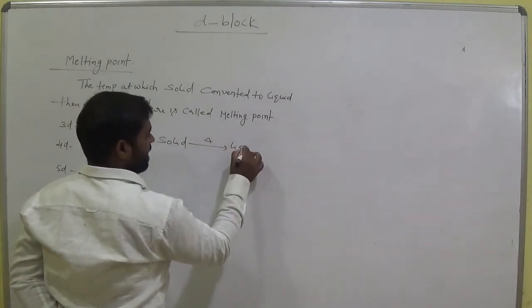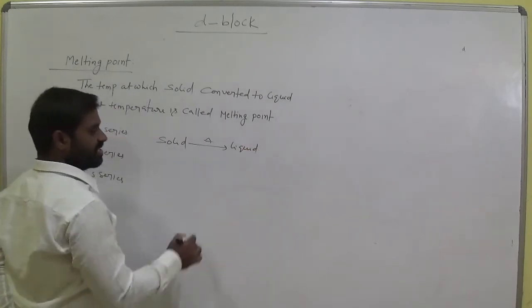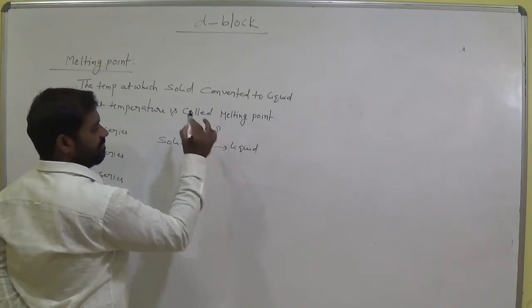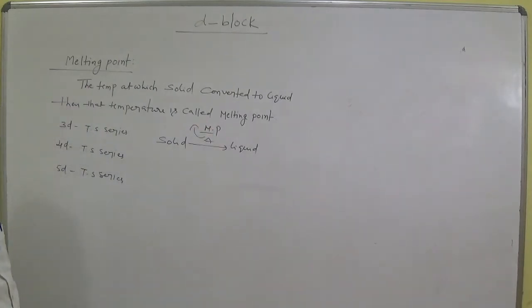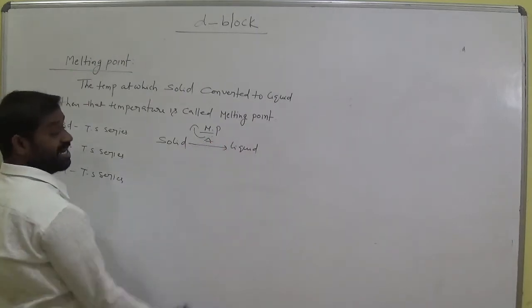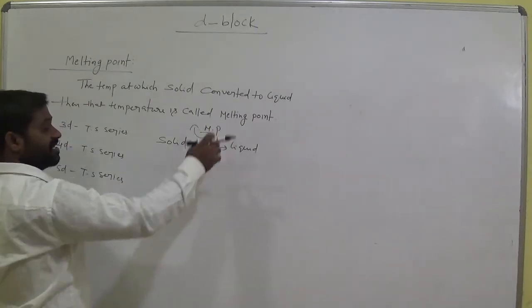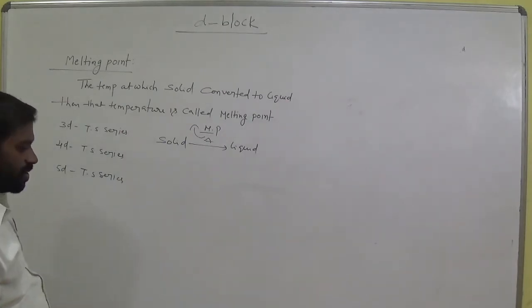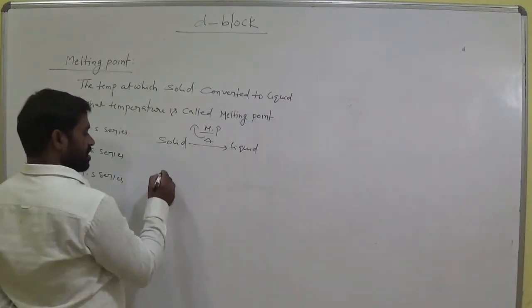It is converted to liquid. This temperature is called melting point. Clear? Solid, by heating, is converted to liquid, and the temperature at which it converts to liquid is called melting point.